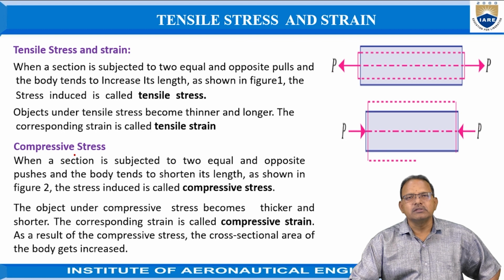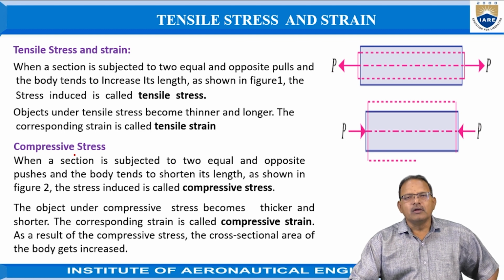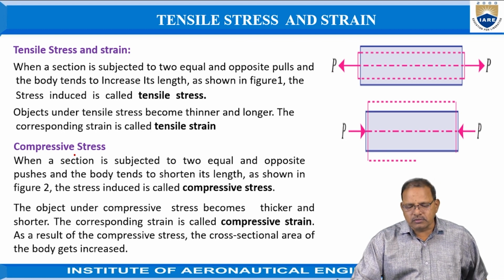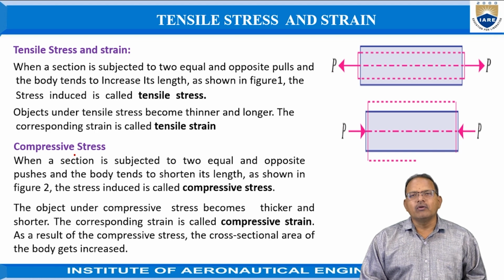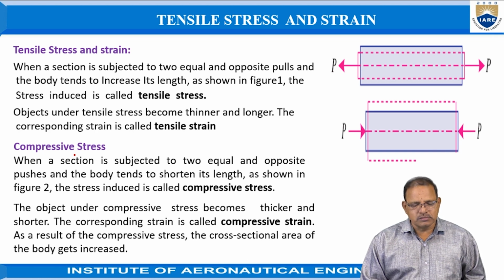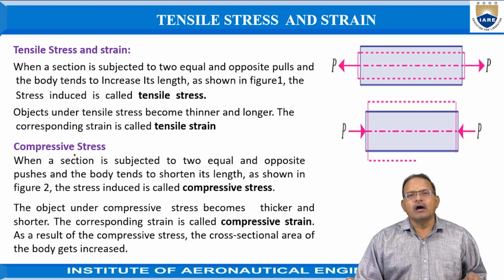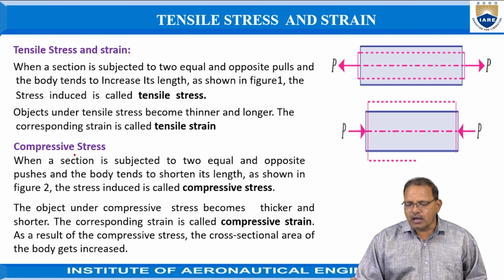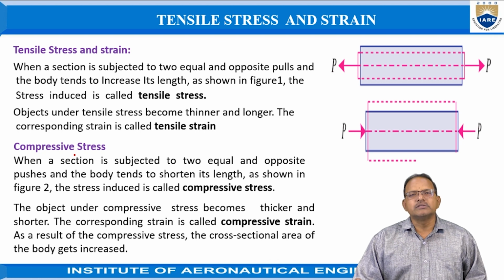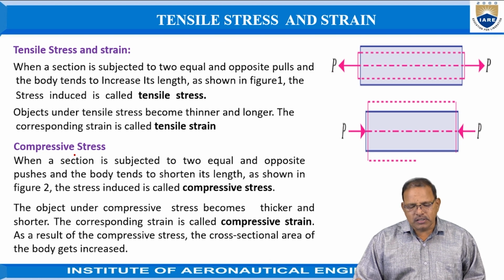Tensile stress and strain. When an object is subjected to two equal and opposite pulls, because of which the length of the object increases, as shown in the figure, the stress induced in the object is called tensile stress.